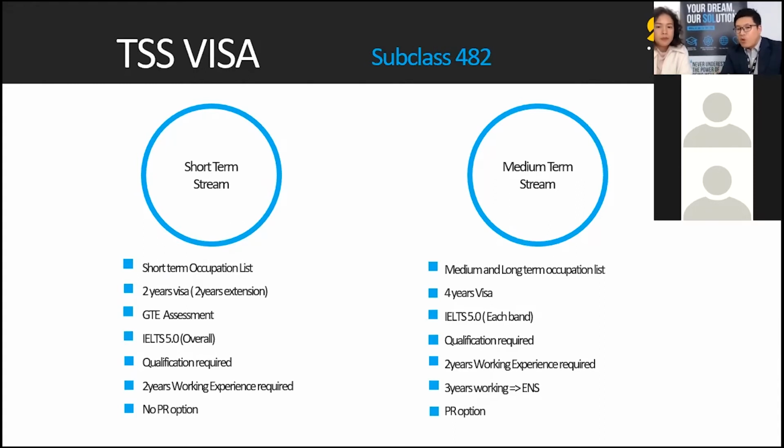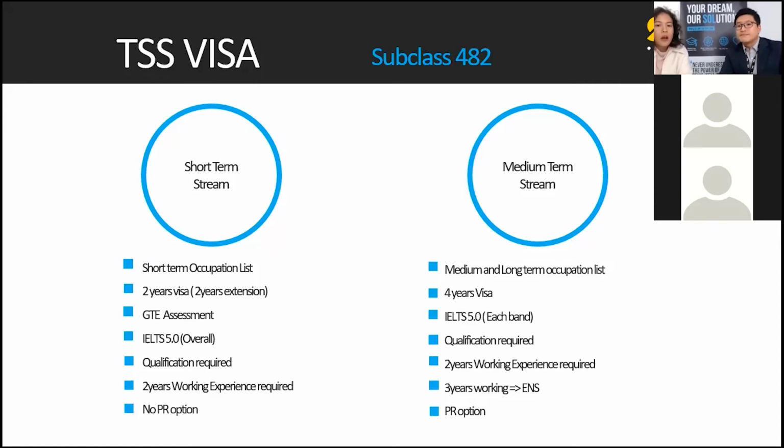I will talk a little more about the 2 years work experience requirement later on. And the short-term stream is not a pathway to PR. If you apply for the TSS visa under the short-term stream, meaning your occupation is on the short-term occupation list, then you cannot apply for PR through the TSS visa pathway.